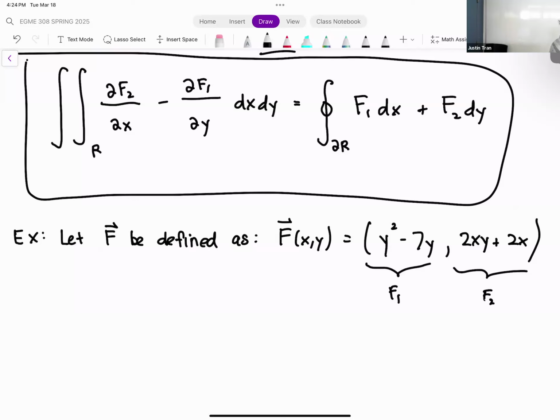And so the region of our integration here. When you're doing these multidimensional integrals, you need to know the region as well. And so the region of this integral is going to be a circle of radius 1 centered at the origin.